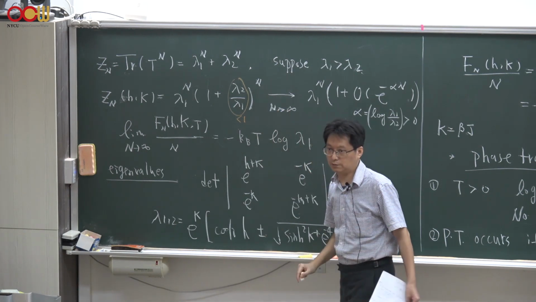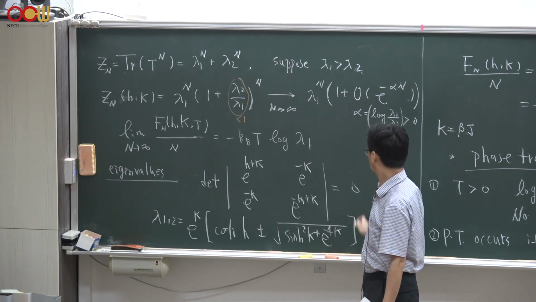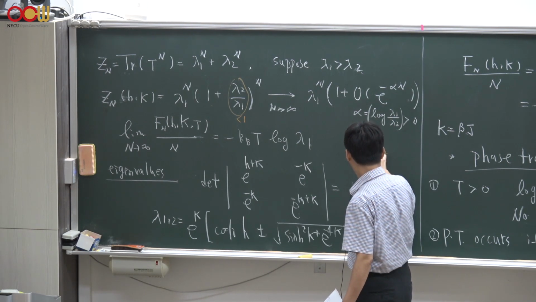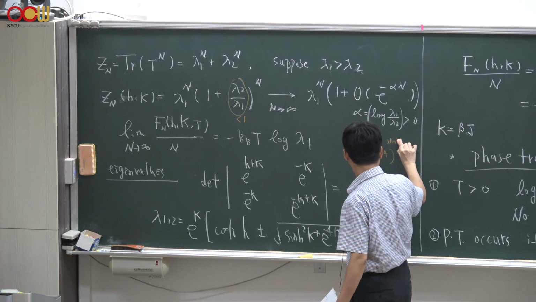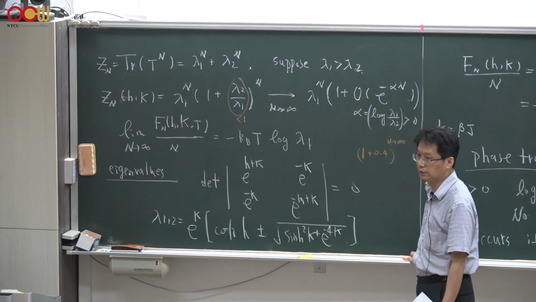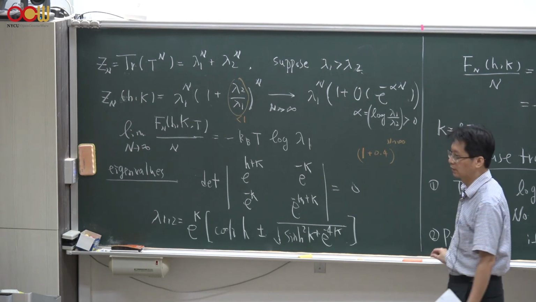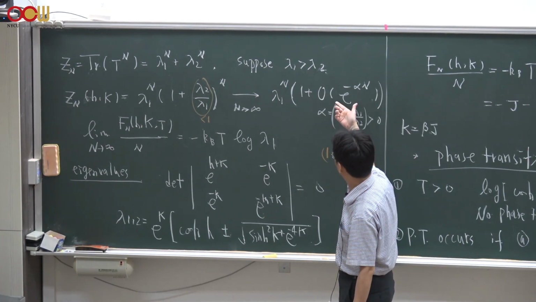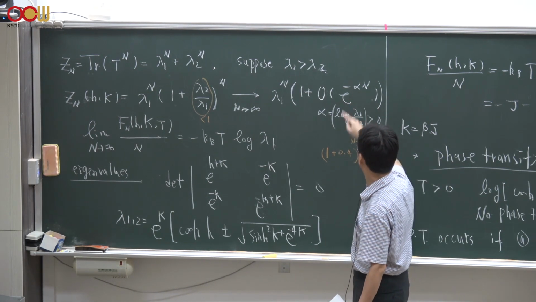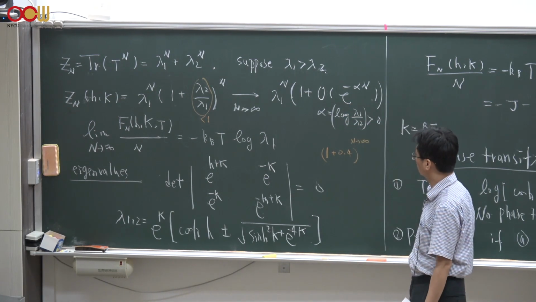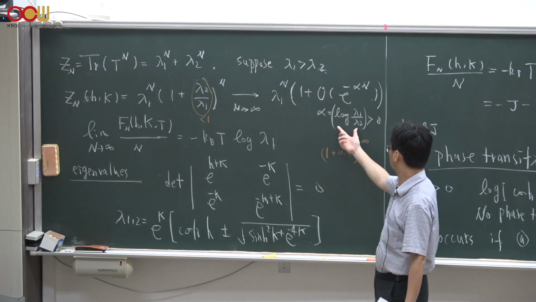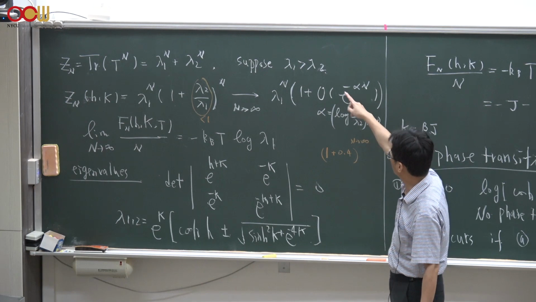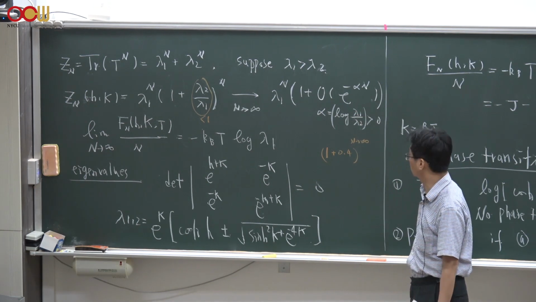In the thermodynamic limit, n goes to infinity. So suppose I have a term like 1 plus, say, 0.4 to the power of n, where n goes to infinity, then we could simply neglect that 0.4, because that term eventually will lead to order of e to the minus alpha times n when n goes to infinity, where alpha is simply the log of lambda 1 divided by lambda 2. And lambda 1 is bigger than lambda 2, so the log should be positive.